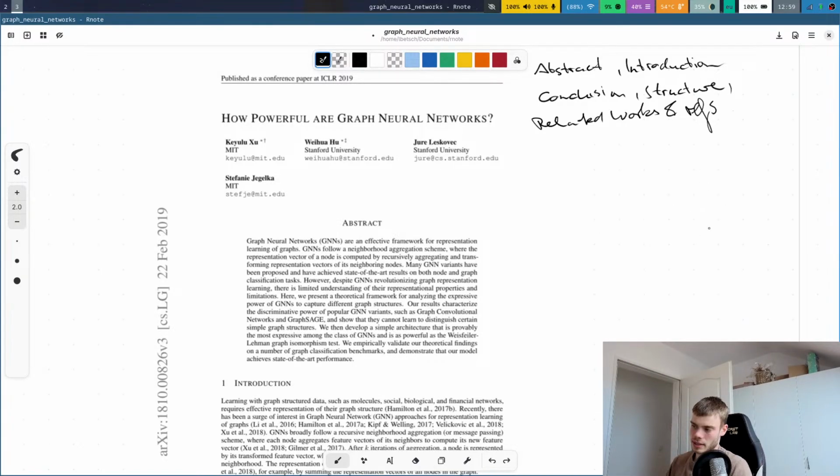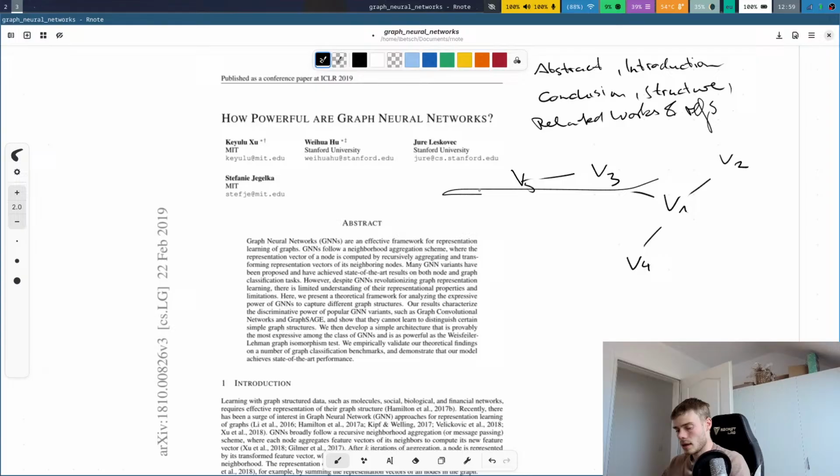Okay, again, the concept of the graph is at the very center of it. And what the neural message passing network also introduces is this concept of aggregating messages from neighbors. So let's say we have vertex 1, we have vertex 2, and vertex 3, and vertex 4, and they are all connected to 1. Now, maybe you also have a vertex 5 here.